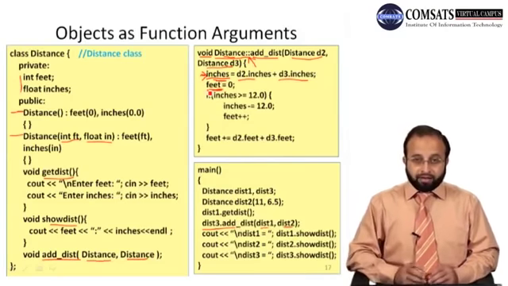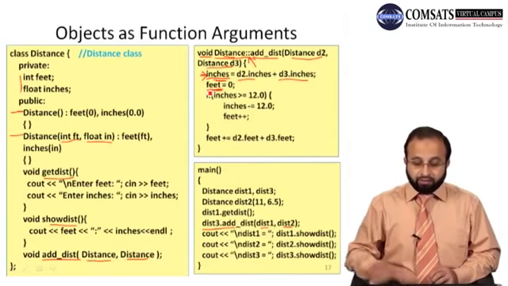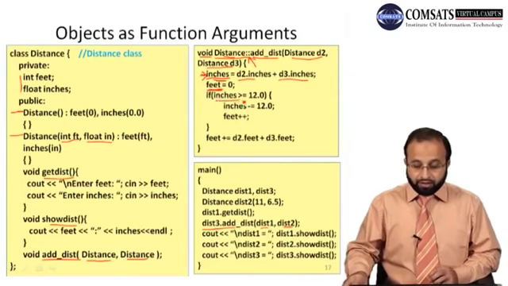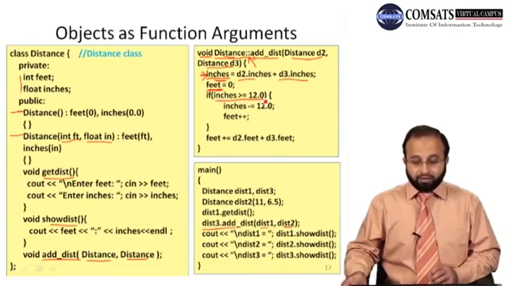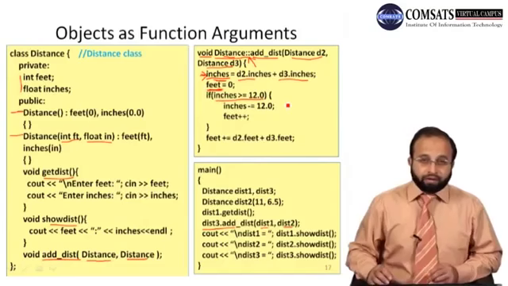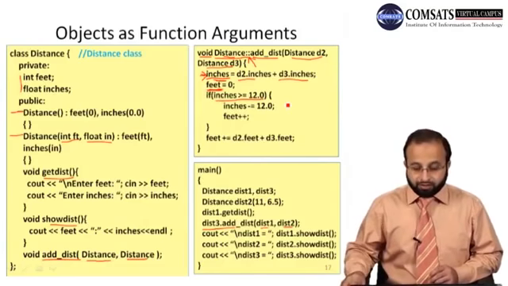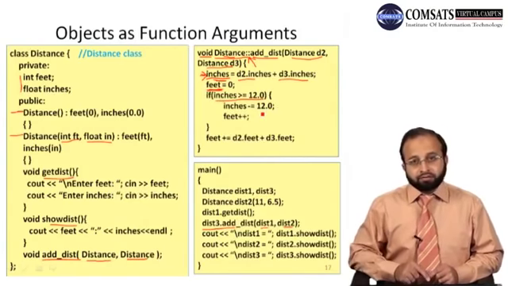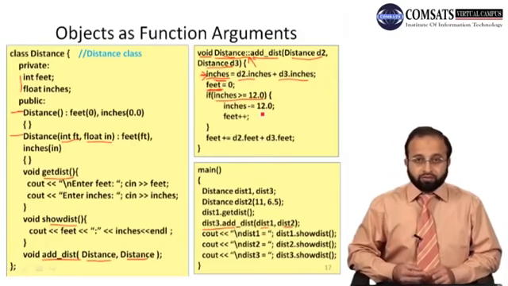So we first add up the inches of both distances, then we check if the inches is greater than 12 or not. If it is greater than 12, then this means that we can subtract 12 from the inches and add 1 in the feet, right, because 12 inches is equal to 1 foot.